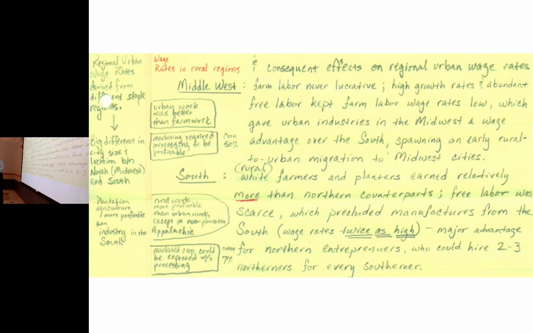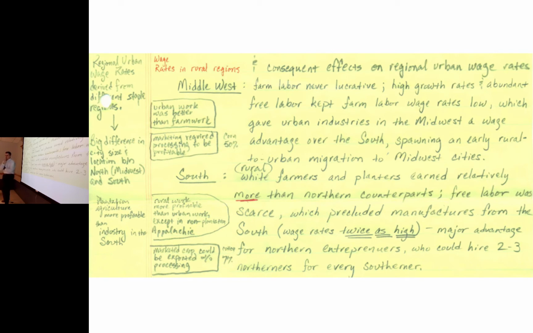The wage rates had a lot to do with the development of industry. And this is pretty fascinating stuff. Regional urban wage rates derived from the different types of agricultural crops in the regions.